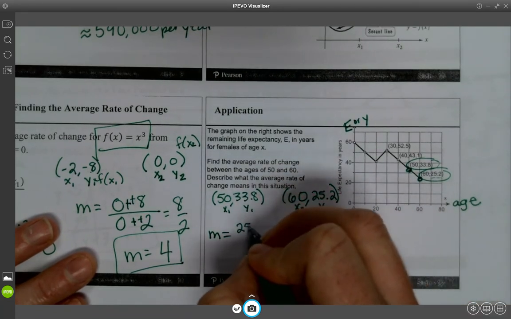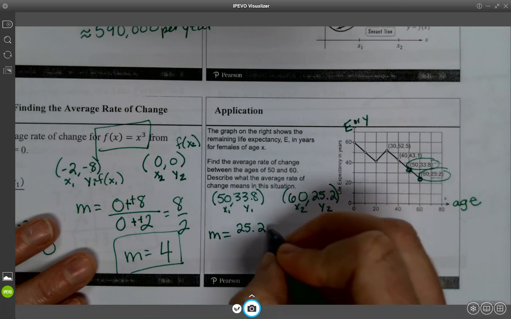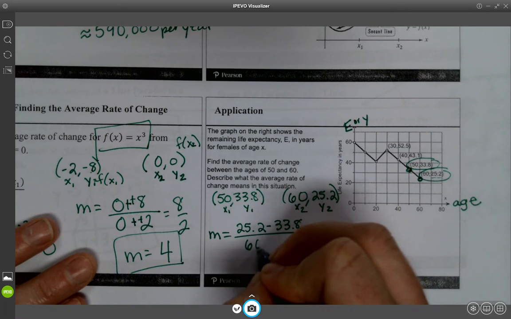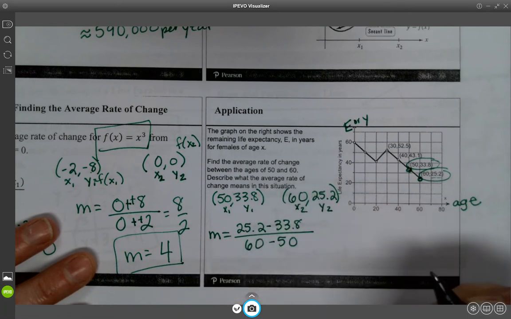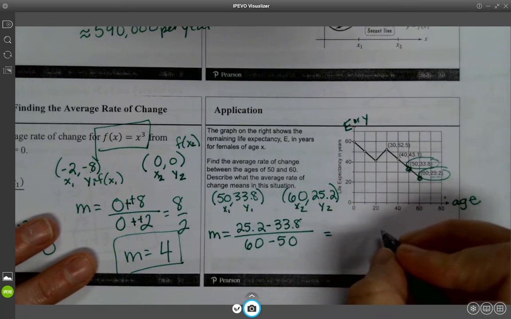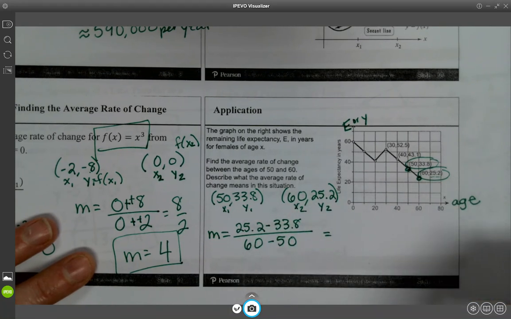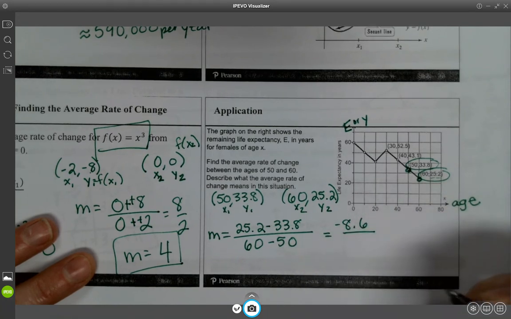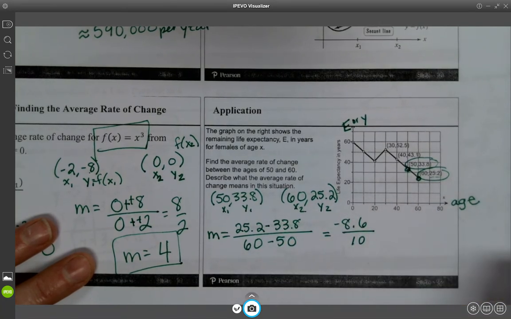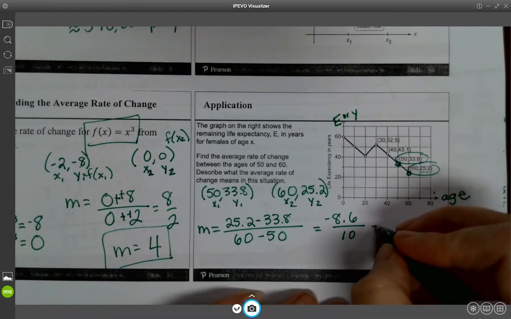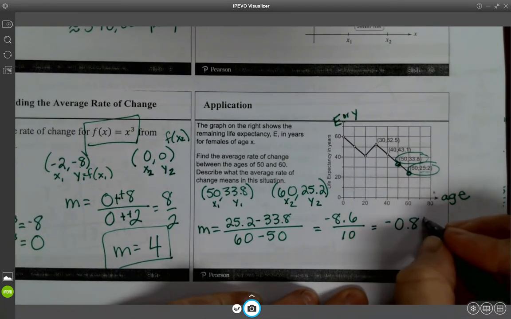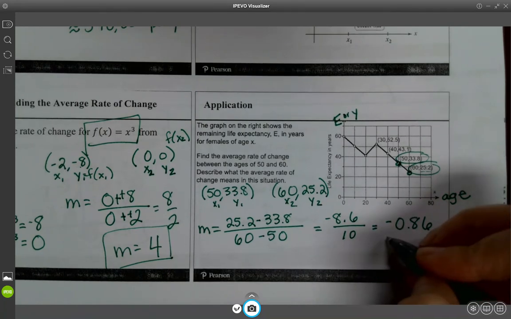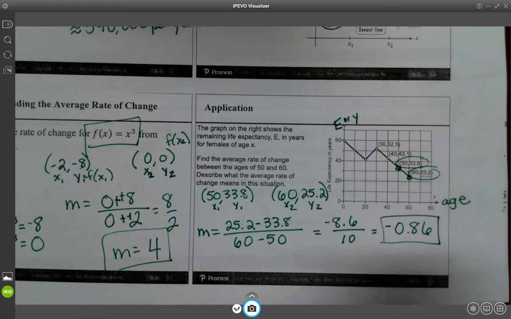So y2 is 25.2 minus y1 over x2 minus x1. Subtract that. 8.6. 60 minus 50 is 10. Divide those. It's negative 0.86. So that is our average rate of change between 50 and 60.